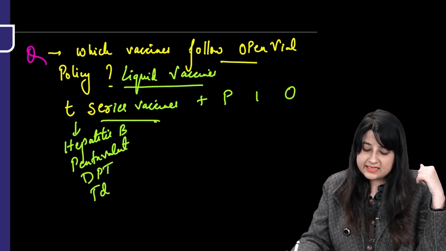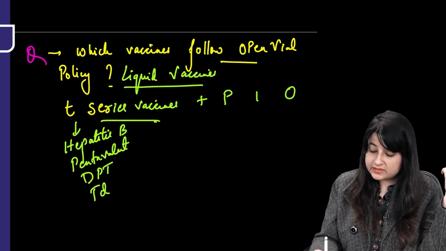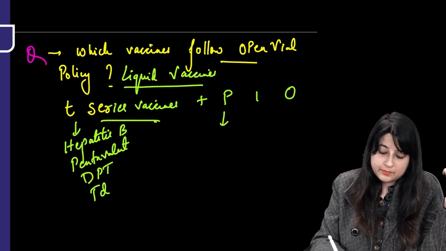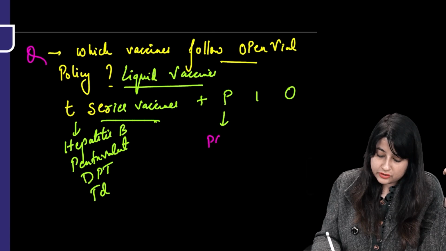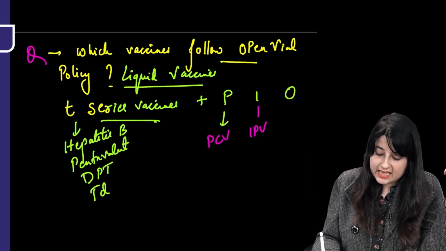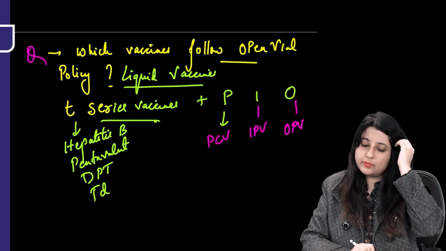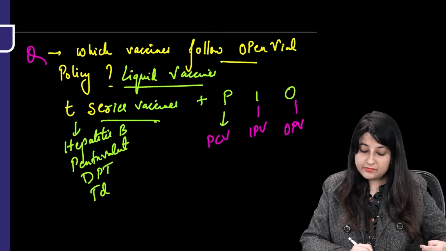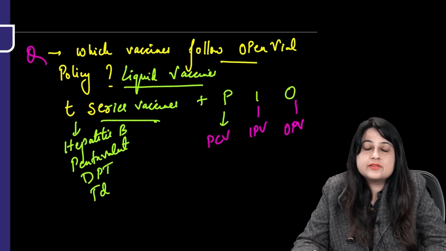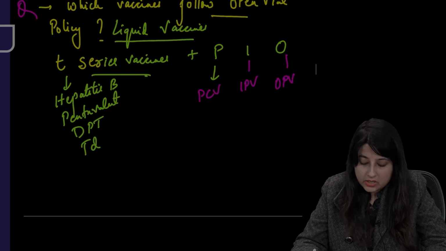All these T-series vaccines follow open vial policy plus PO. What does P stand for? PCV, IPV, OPV. So the vaccines that follow open vial policy are the liquid vaccines, which are your T-series vaccines plus PO.